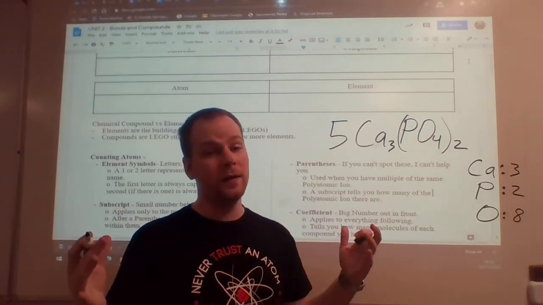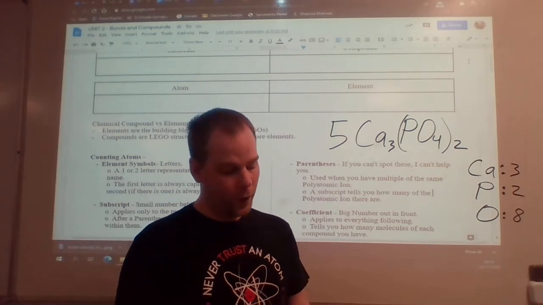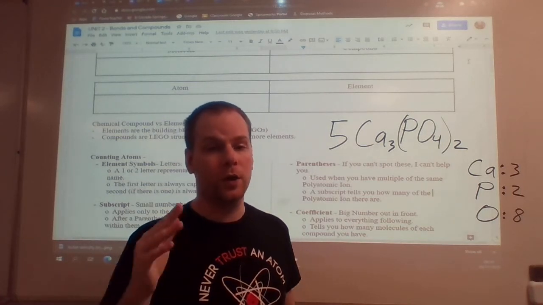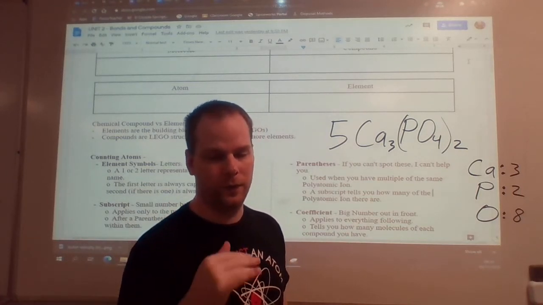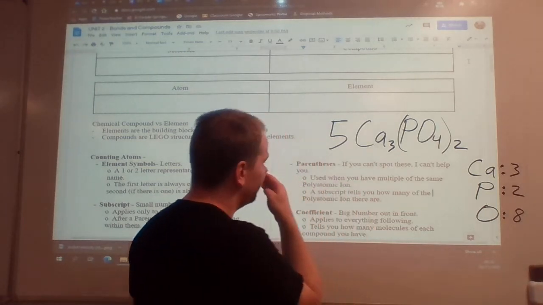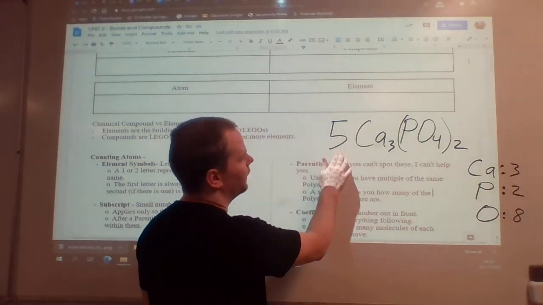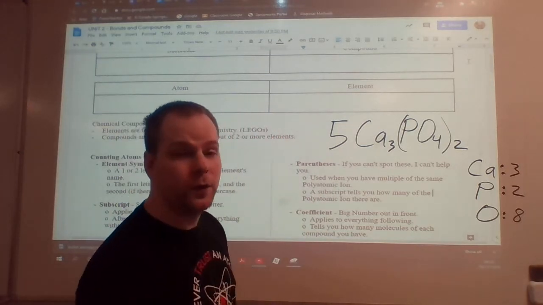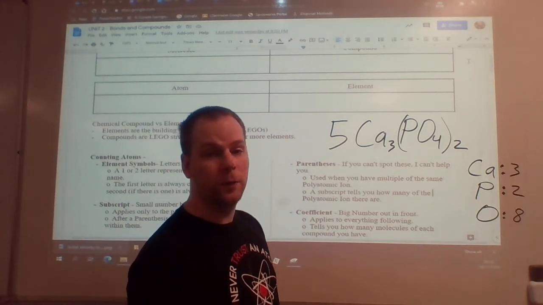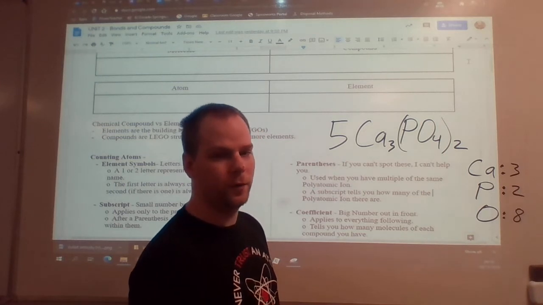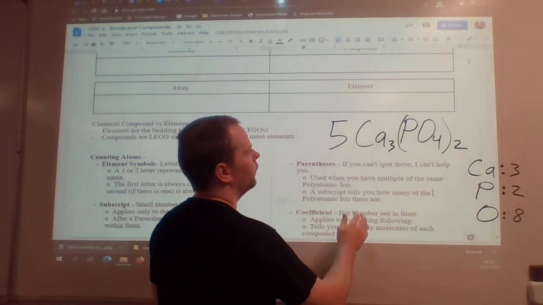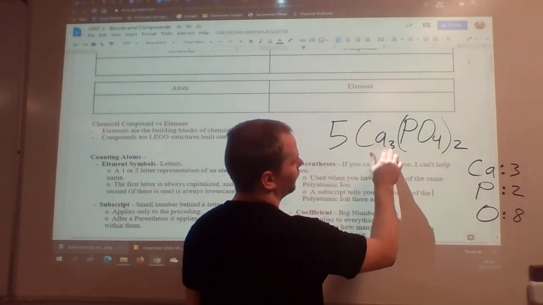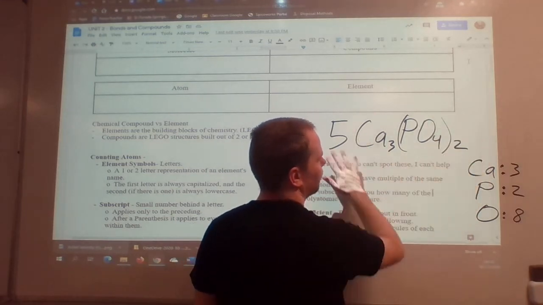Then comes the coefficient. You always look at the coefficient last. The coefficient is a larger number written out in front, and it tells you how many molecules of that compound you have. So the subscript tells us there are 3 calciums in this.